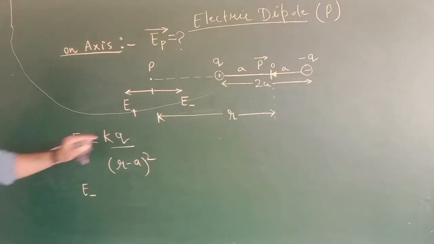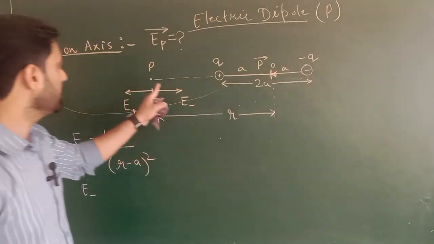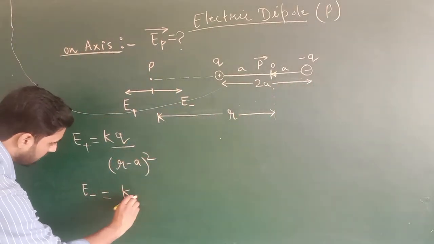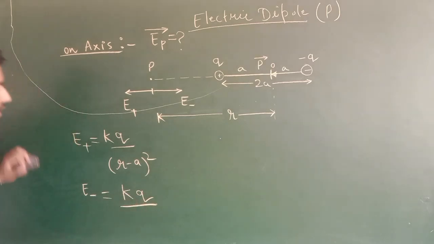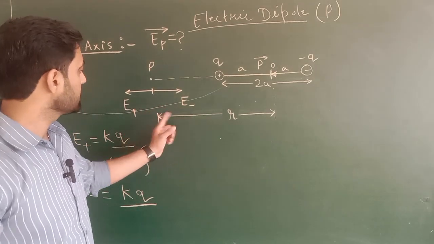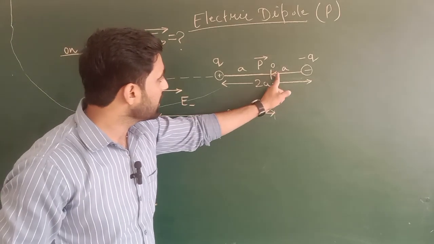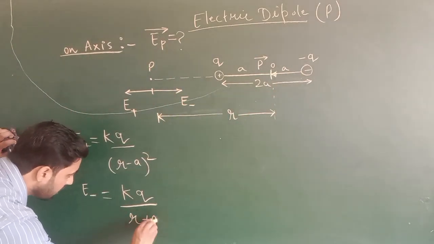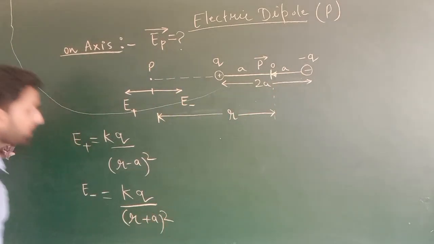Similarly, electric field due to negative charge at point P will be K Q divided by distance square, that is R plus A whole square.